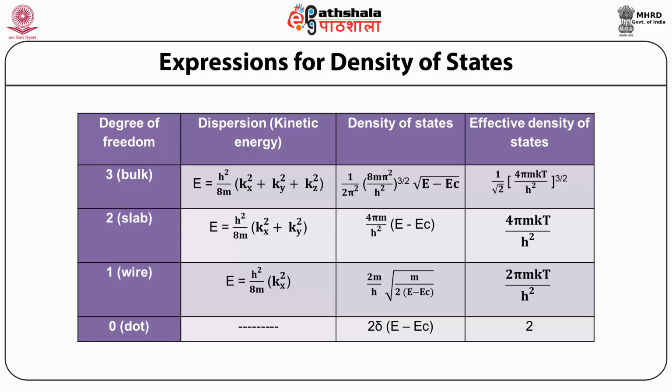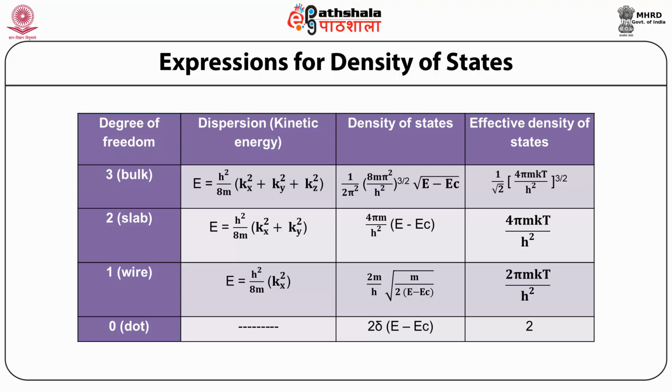If I talk about the bulk material, the degree of freedom is 3. In this case, the kinetic energy expression is E equal to h square by 8m (kx square plus ky square plus kz square).